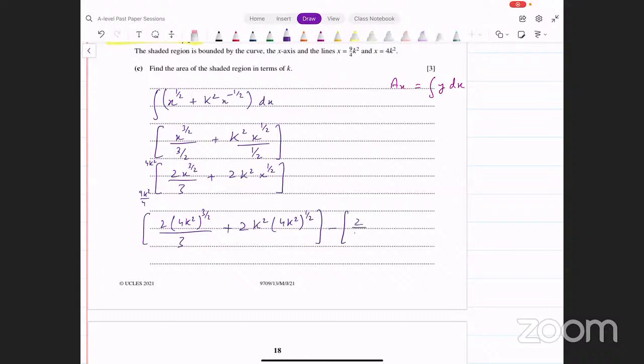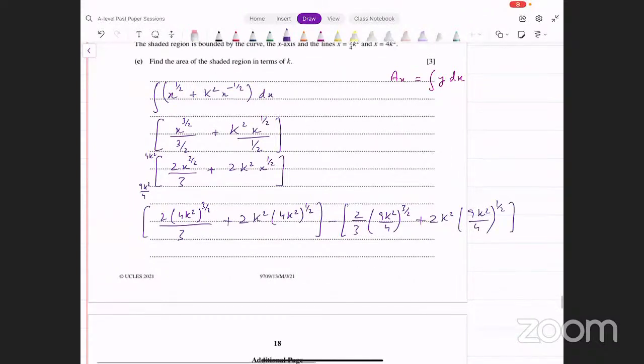Lower limit is 9k square over 4. That's going to be 9k square over 4 whole raised to power 3/2 plus 2k square into 9k square over 4 whole raised to power 1/2. Let's simplify this and see what we get.